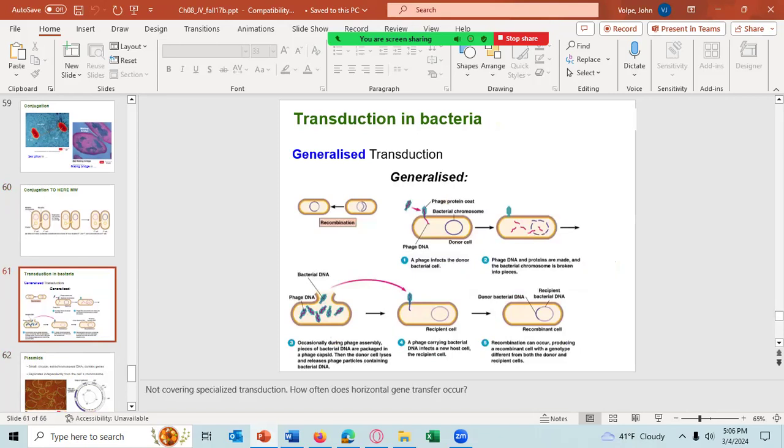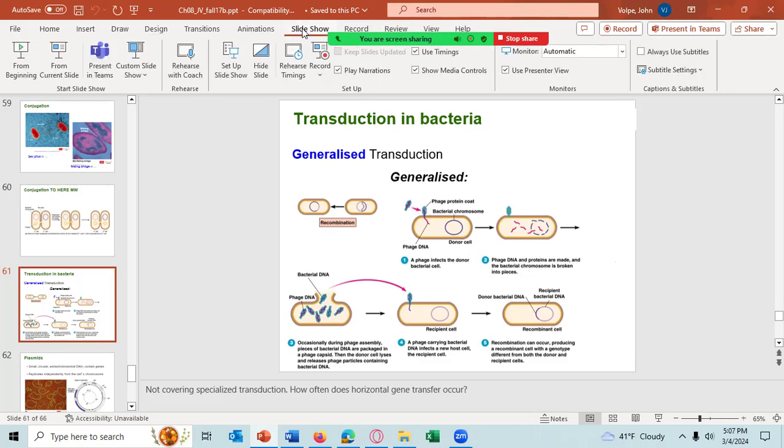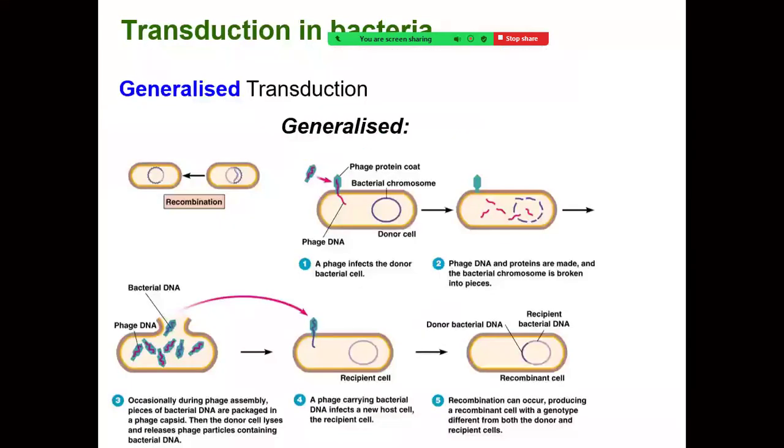The third way that horizontal gene transfer can happen in cells, particularly bacteria cells, is by transduction. Transduction uses a virus to move DNA around from one bacteria cell to another bacteria cell. What happens in some viruses is that they will infect the cell shown here and then inject their DNA into the cell.